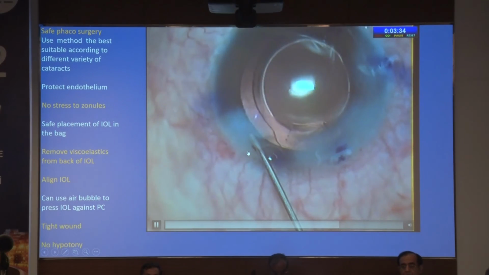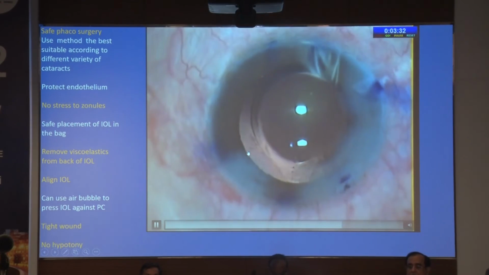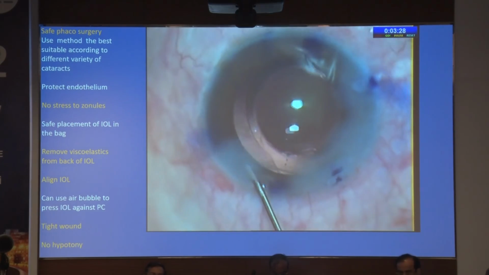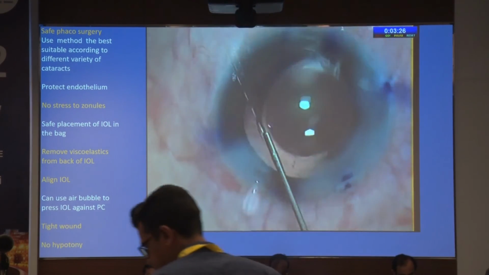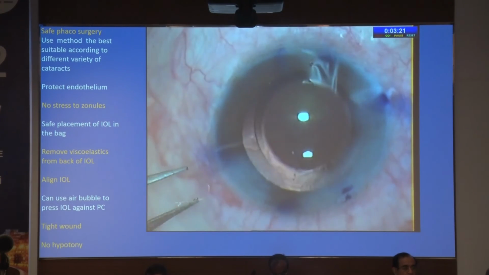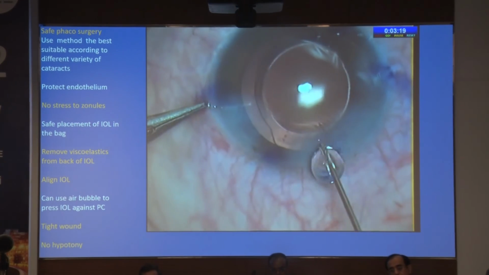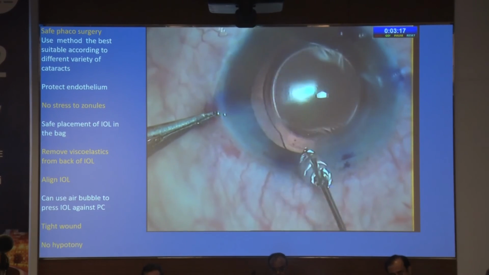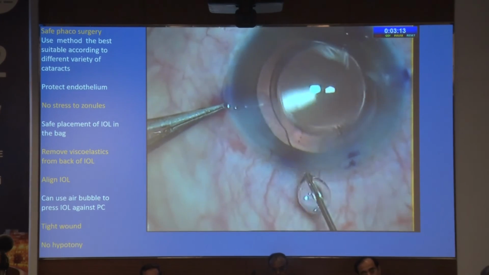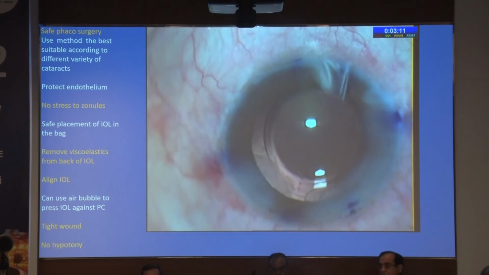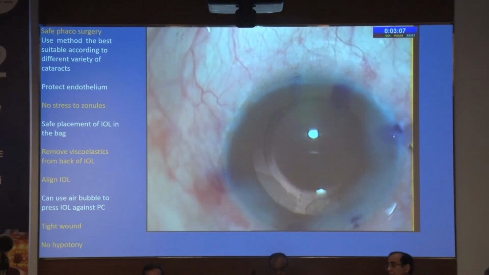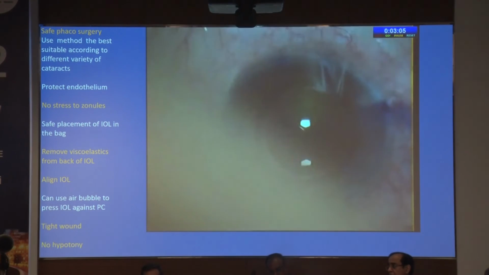Remove viscoelastic behind the IOL, which is very important because you need to make this IOL fix and adhere to the posterior capsule. So this is very important. One can use a bubble on top of the IOL after aligning it so that it remains pressed against the posterior capsule. The other thing to be avoided is hypotony. If hypotony is there, it can allow the IOL to rotate in the back.